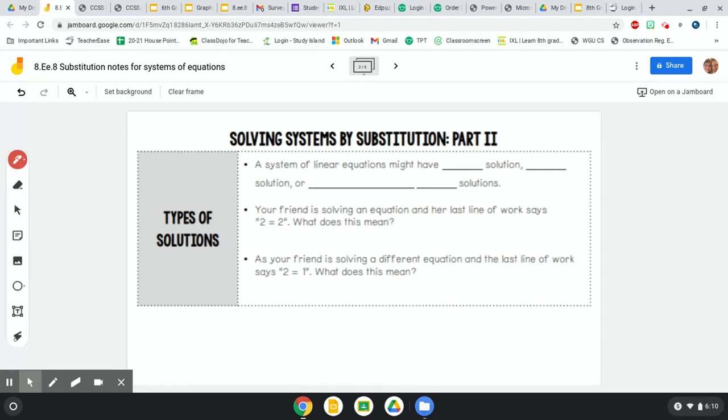There are going to be some special cases similar to what you've seen before. So some of those equations might have one solution, no solution, or infinitely many.